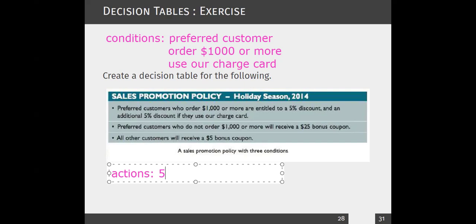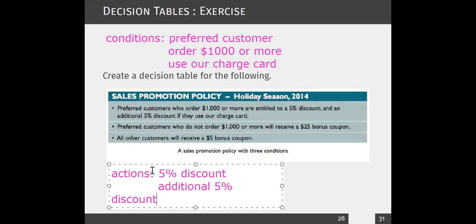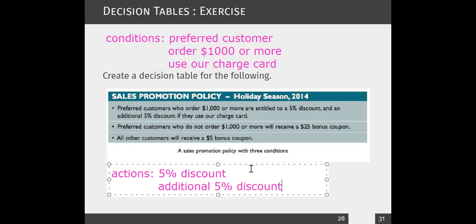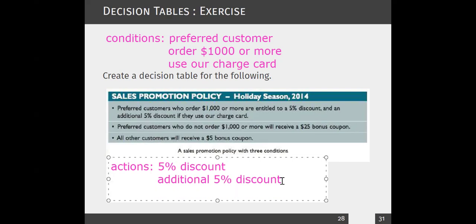Yes, the actions are 5% discount. Then additional 5%. You can have additional 5% discount. And what? Anything else? Yes, what are the other actions?